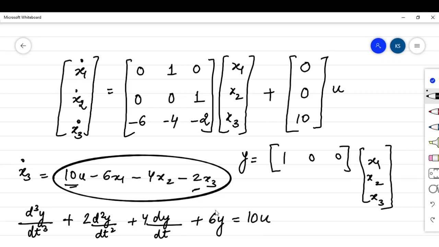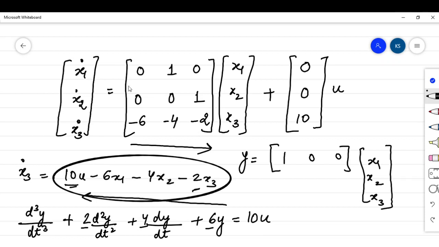You can observe that if you go in the reverse direction and write these constants in the matrix in the reverse direction with a negative sign, you will find the matrices easily.